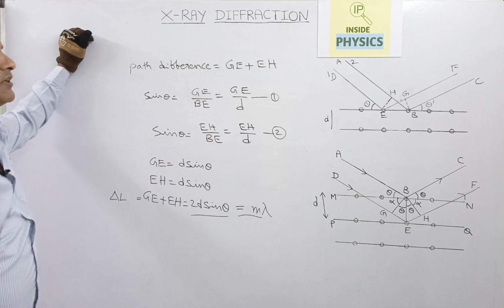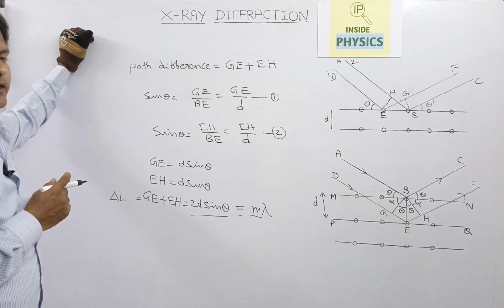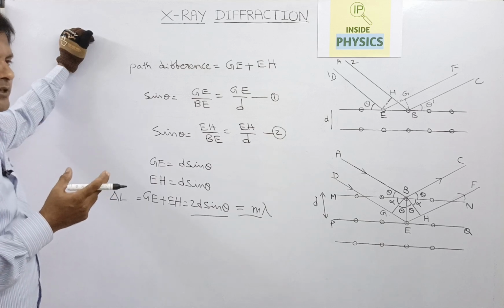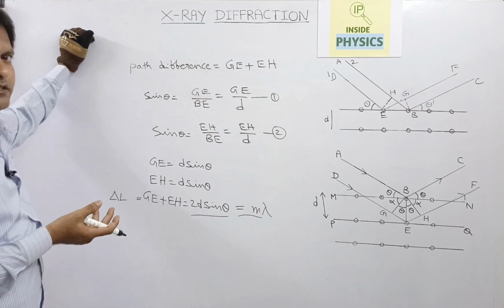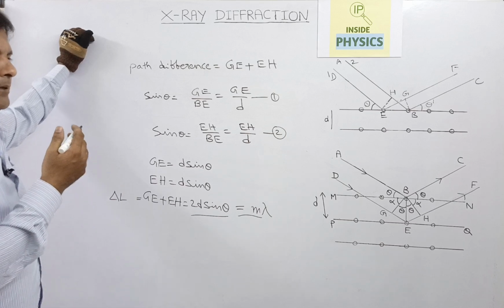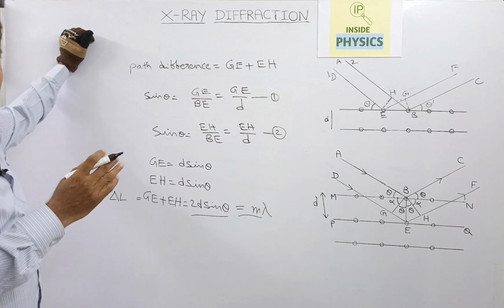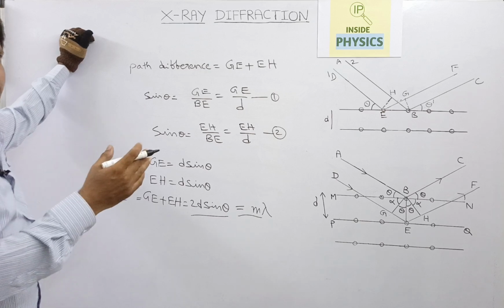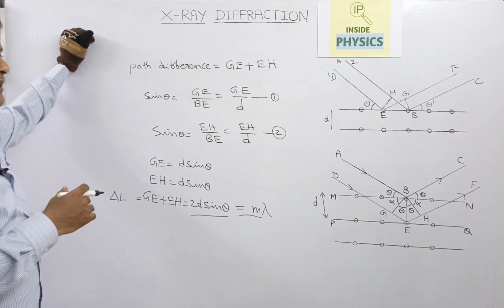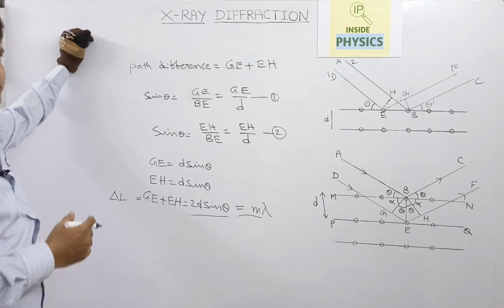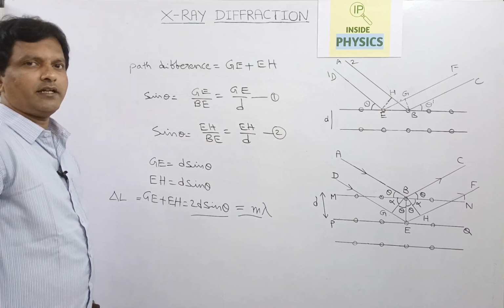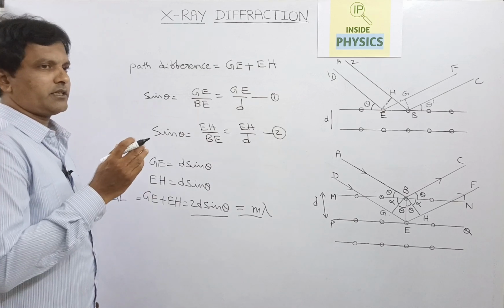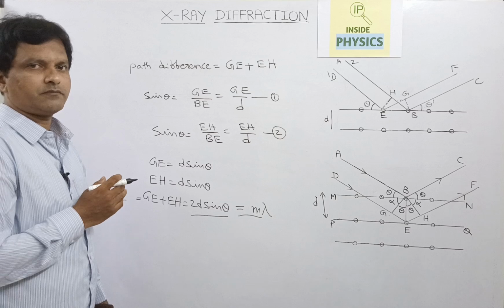That will be recorded on a photographic plate. Because of the bright spot, we will have high intensity. The intensity of light is recorded on a plate, and by analysing the photographic plate, we can understand what the crystal structure will be.